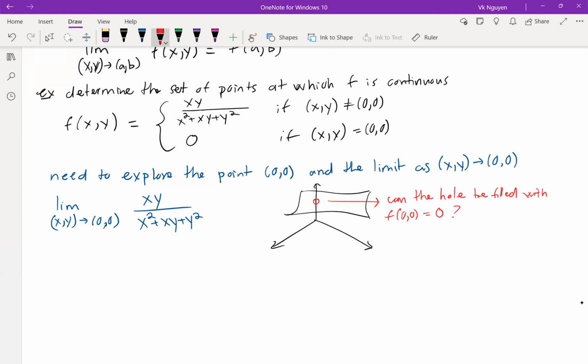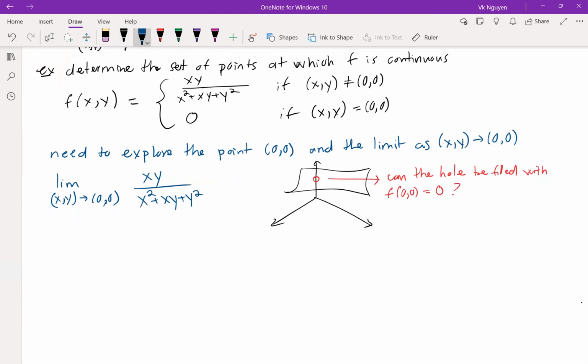Well, the only way to answer that question is to find the limit. And when you do the limit, you have to do different paths again. It will take a little practice, but eventually you're going to get used to these paths here. I'm going to say approach along. You can set either x equals 0 or y equals 0. Just get one value. The quicker the better.